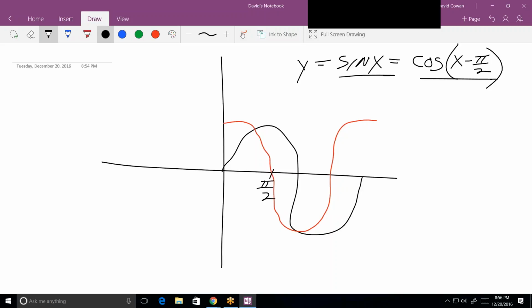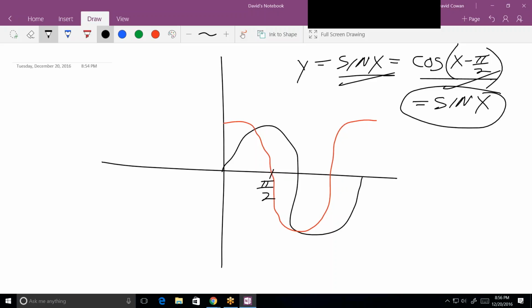Well, certainly the black curve, I'm always going to use it. That's got no phase shift at all. I would never call the black curve that. Even though it's correct, it's absolutely equal to the cosine of x minus pi over 2, I'm always calling this sine of x because that has a smaller phase shift. Sine of x has no phase shift at all.